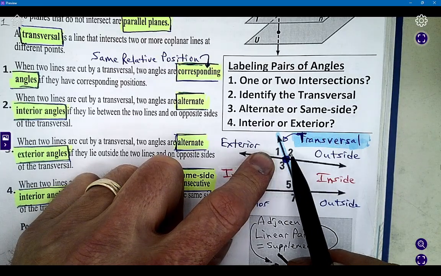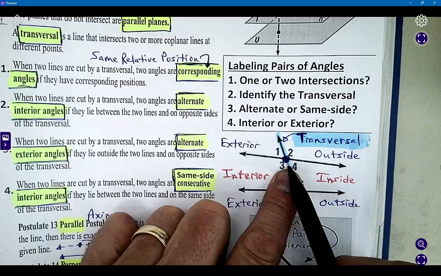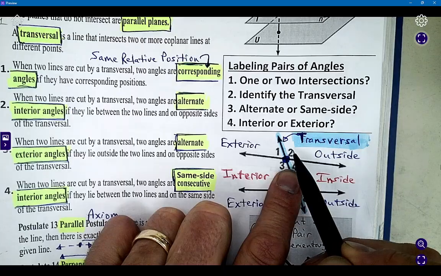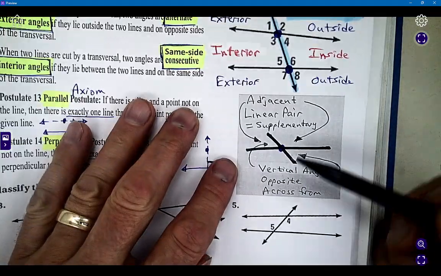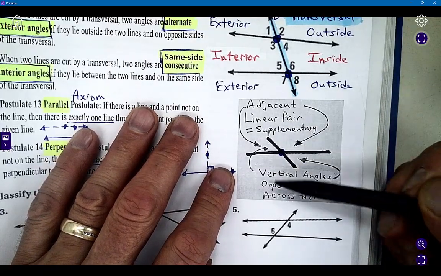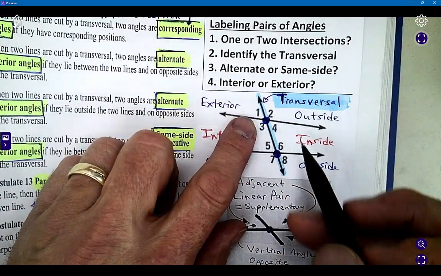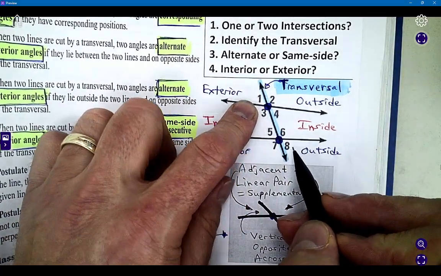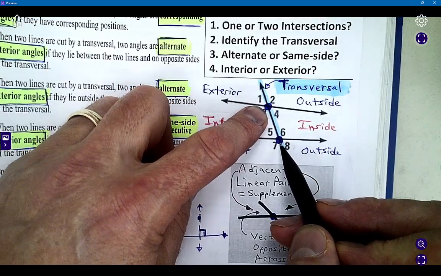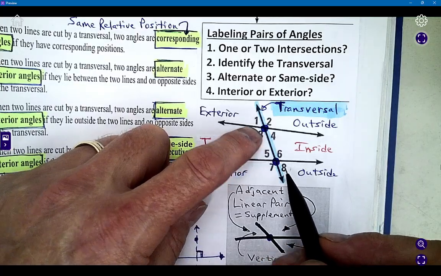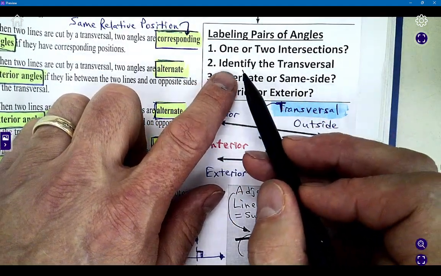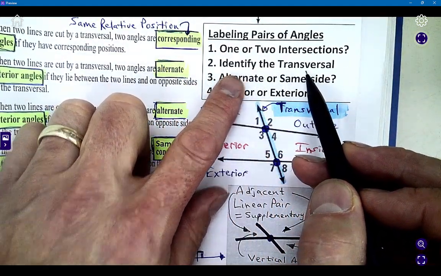Notice that for angles 1 and 2, there's only one intersection associated with these two angles. Again, we're going to drop down here, and these are the terms and the relationships that you would use. But if we're talking about angles 1 and 8, notice there are actually two intersections related to angles 1 and 8. So our next step would be to identify the transversal.